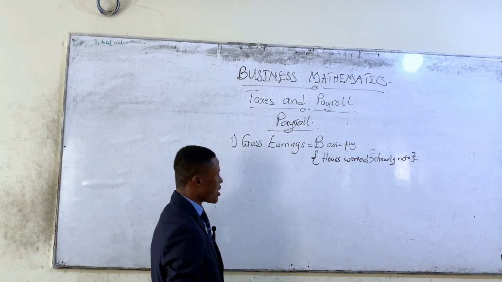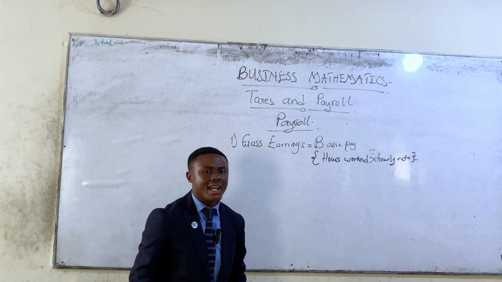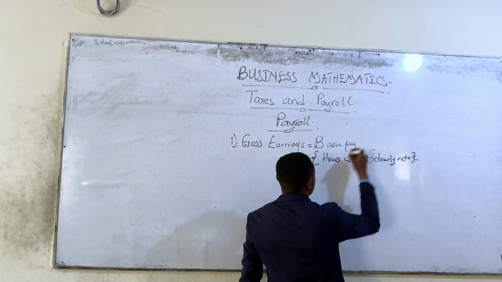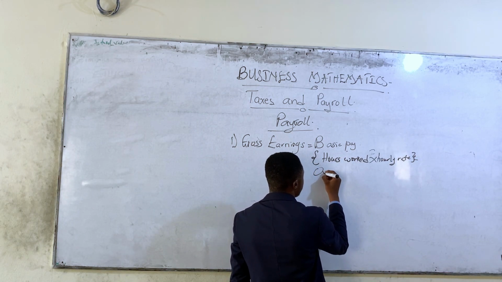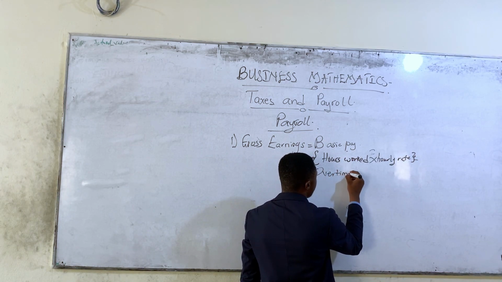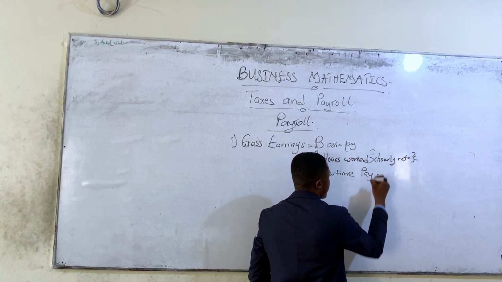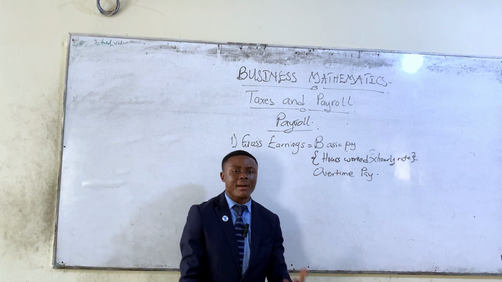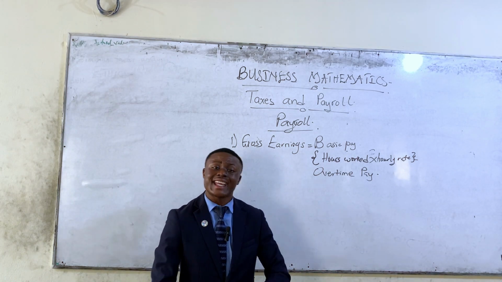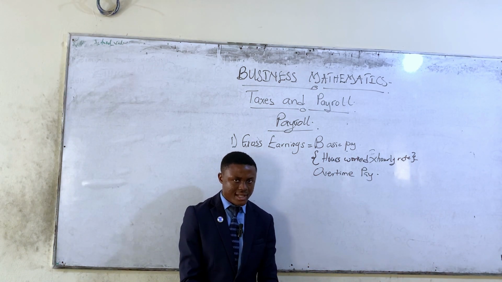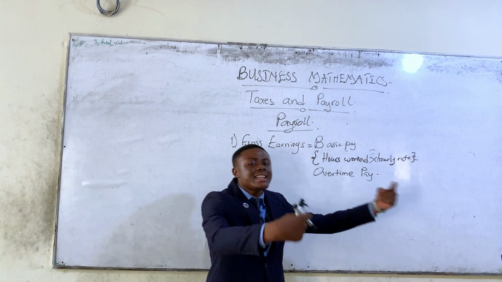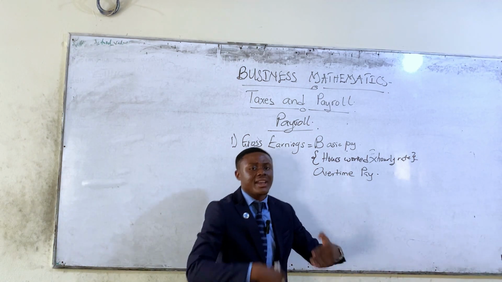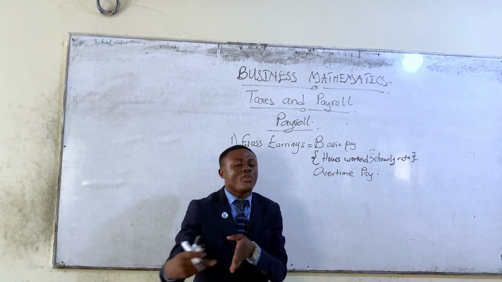Are we good? Great. And then our gross earnings also consist of overtime pay. Overtime what? Pay. With this overtime pay, if my normal number of hours that I should work in a day is 8 hours, it means that any hours that I work above 8 hours, I have overworked.